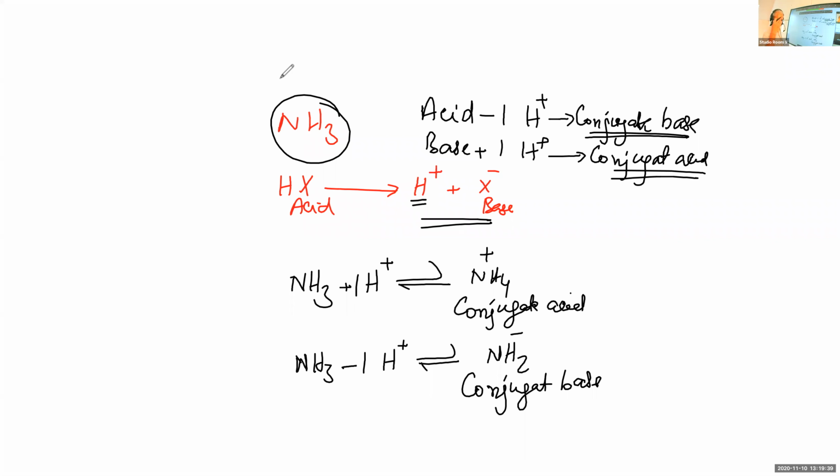You can take so many examples like this. You take, for example, the reaction between H plus ion and water molecule H2O. H plus ion is present in aqueous solutions of acids.